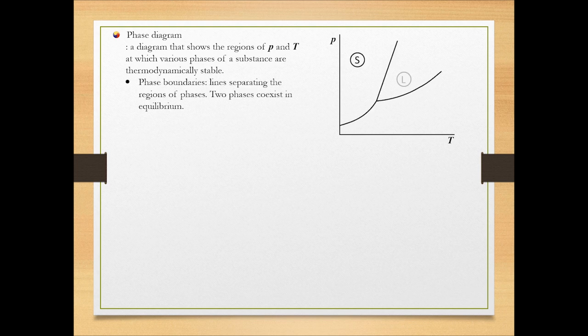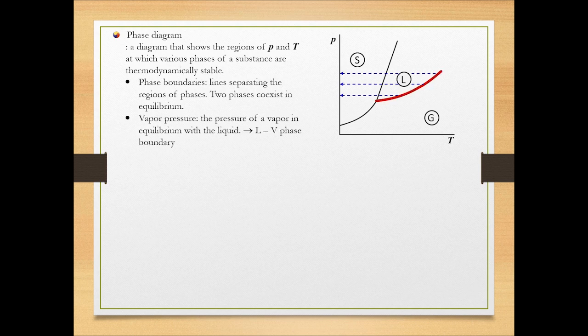Phase boundaries are the lines separating the regions of phases, where two phases coexist in equilibrium. Vapor pressure is the pressure of a vapor in equilibrium with the liquid phase. As temperature increases, the vapor pressure of a substance also increases.